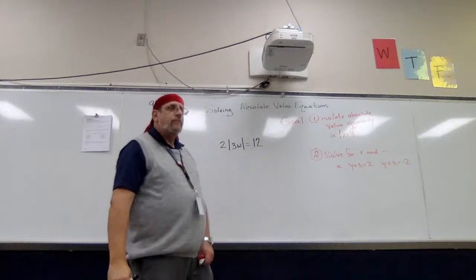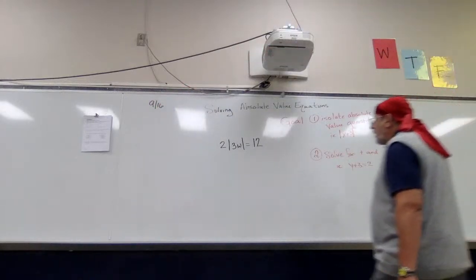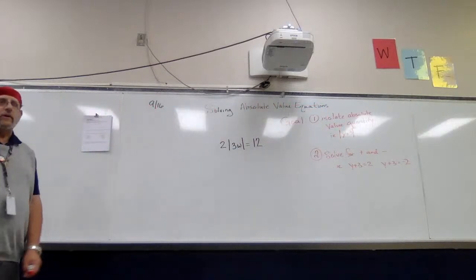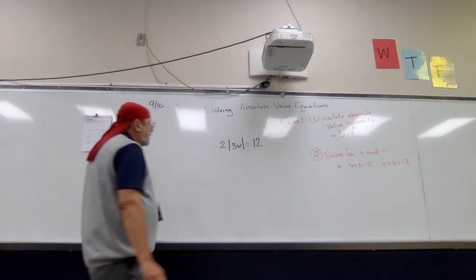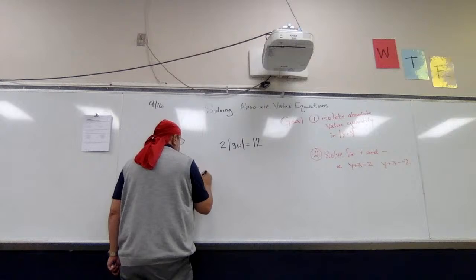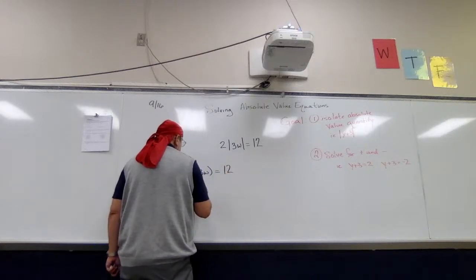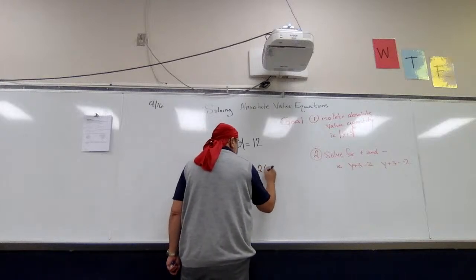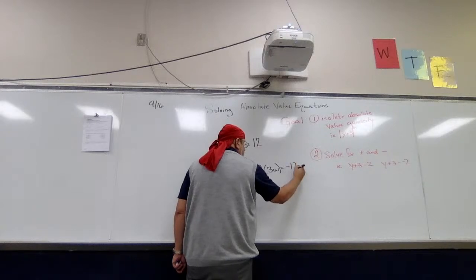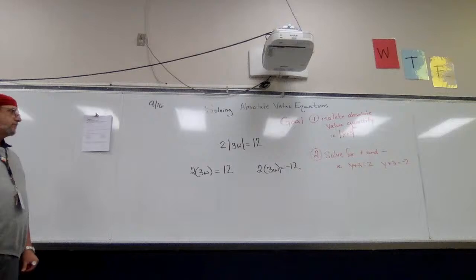You can do this one or two ways. It works out because multiplication and division are commutative. So let's do 2 times 3W equals 12, and then 2 times 3W equals negative 12.